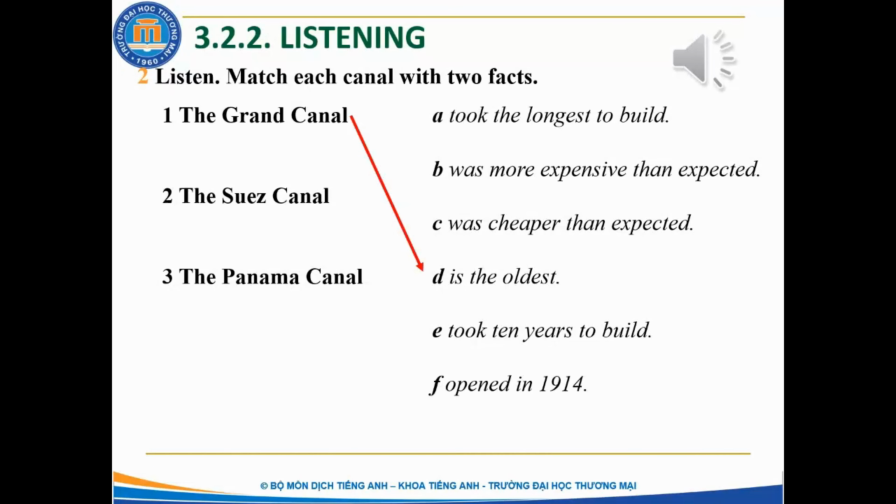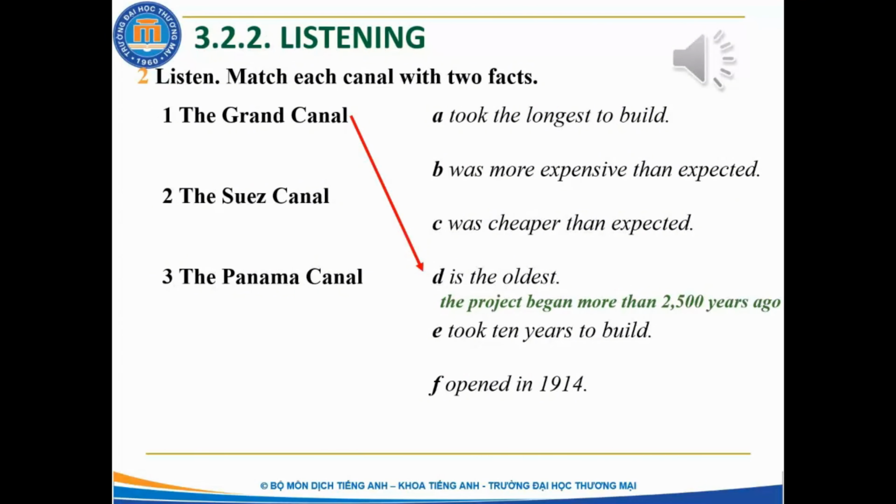Ở trong bài nghe chúng ta có thấy đề cập tới một thông tin là The project began more than 2,500 years ago. Hơn 2.500 năm trước đây. Alright, so this is the oldest canal among the three canals. Alright, so the next one, the next fact of Grand Canal.